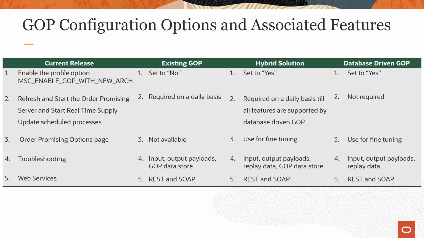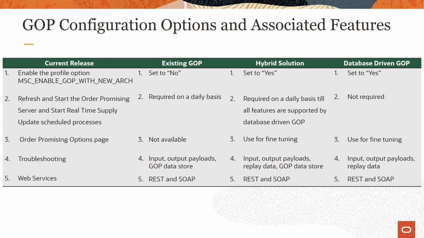Now let's talk about some of the aspects which need to be kept in mind while promising in any of these modes, especially from a day-to-day operational point of view. If the items are to be promised exclusively through the memory resident solution, then the profile option MSC enable GOP with new ARC can be set to no. Refresh and start the order promising server and the start real-time supply update schedule processes can continue to run as before.